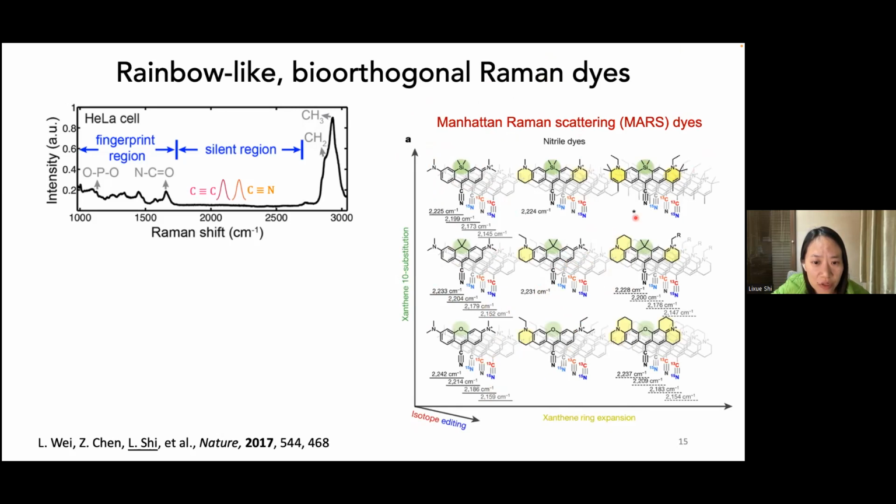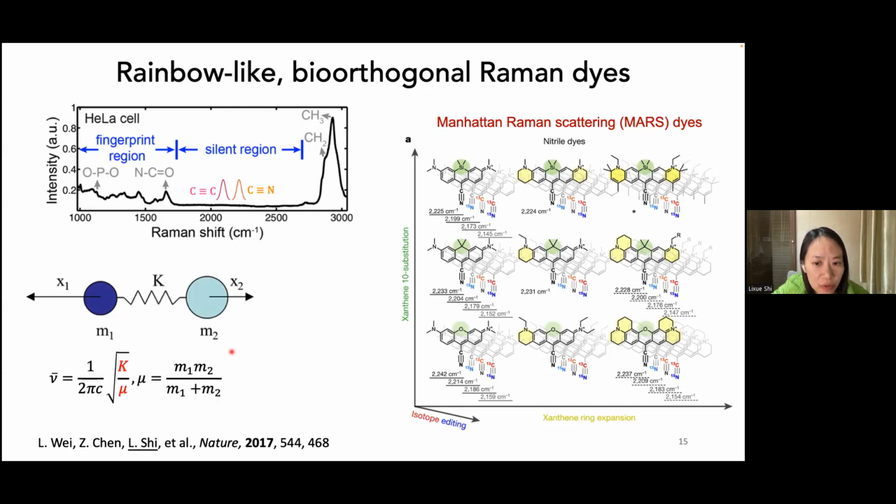Our multidimensional color extension strategies can be understood with a classical description of vibration. So following the equation here, a manipulation of the nitrile bond can modify the vibrational frequency of nitrile on different MARS dyes.